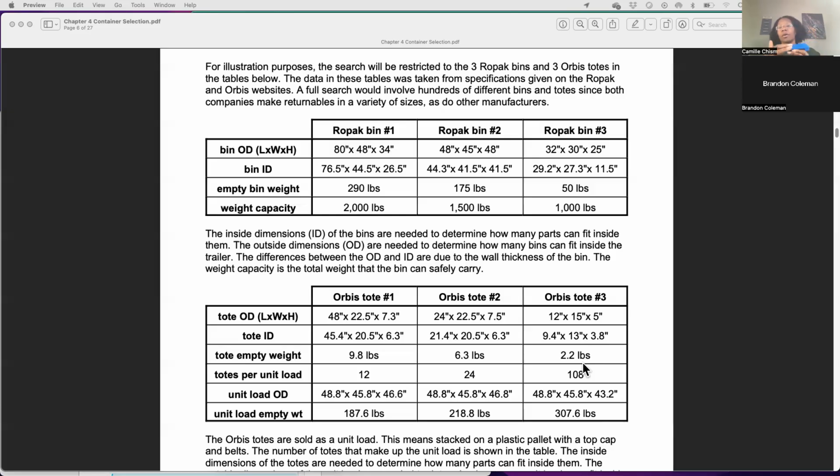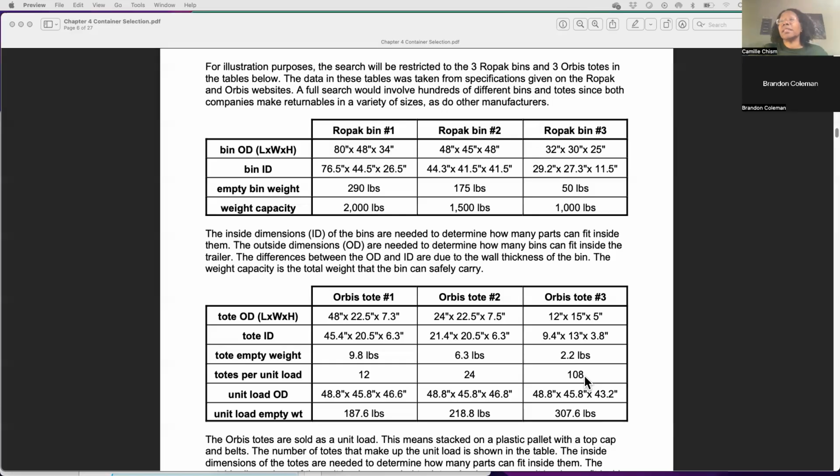So 4 times 3 is 12. And then I showed you how to calculate the 9 high by subtracting the 5-inch pallet from the 50. And then you have 45, divide by the 5 inches of your height to get 9. So again, you get 9 high by 12 per layer to get the 108 totes per unit load.